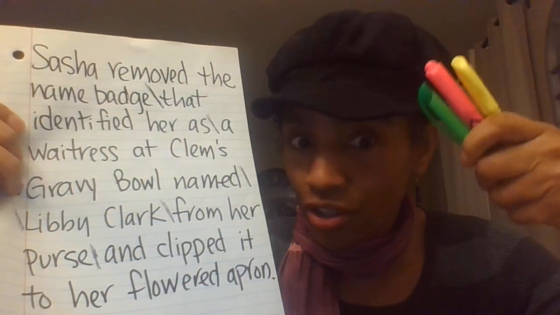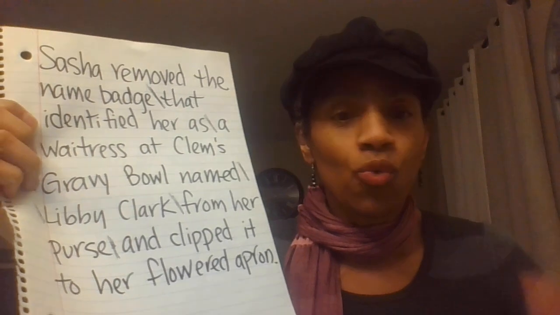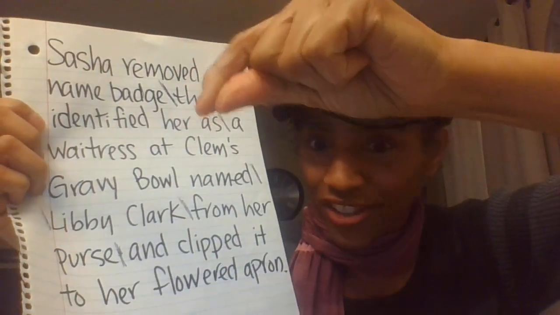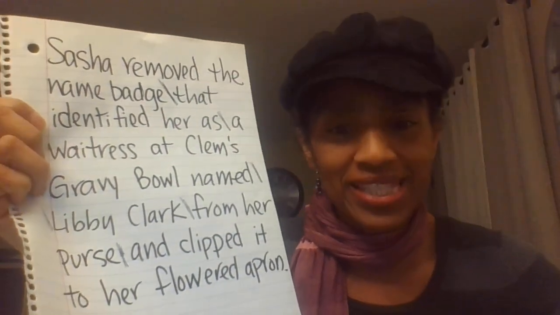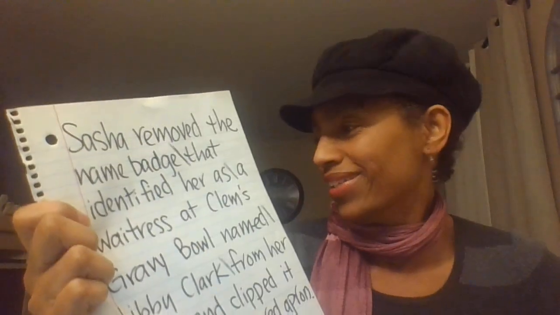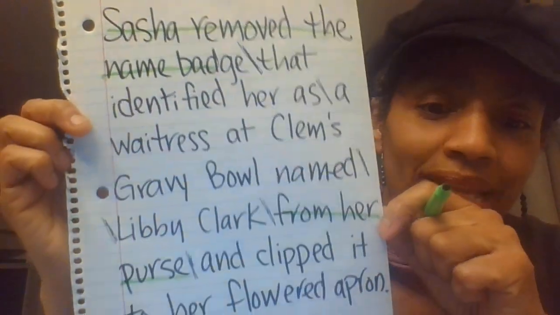What I'm going to do is color code them so you can tell which section goes with which, so that we can rework this sentence. I'm going to highlight them. Sasha removed the name badge is going to go with from her purse, because that's where she removed it. That's super important, that the name badge came from the purse.